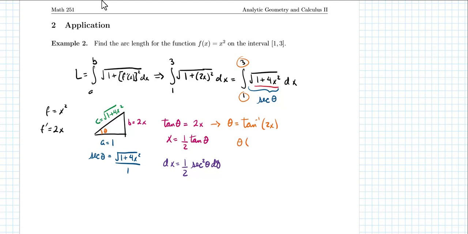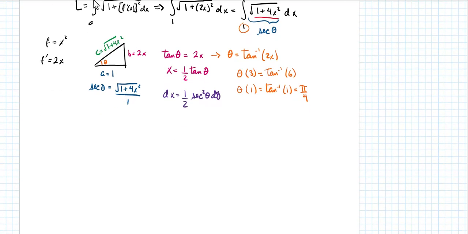Now theta evaluated at 3 is unfortunately not going to give us the best of values. It's going to be the tangent inverse of 6, and theta evaluated at 1 is going to be the tangent inverse of 1, which we've done a couple of times. It's just going to be pi over 4. Well, not the best of limits of integration, but let's see what we get here.